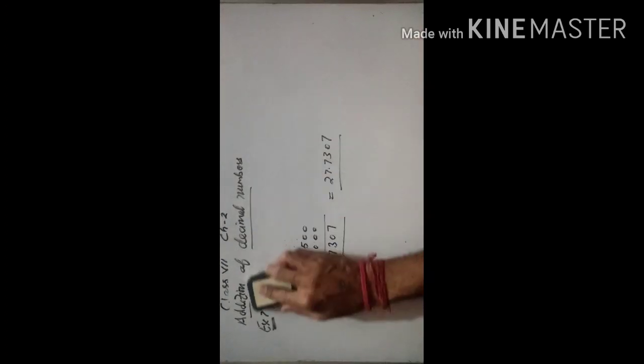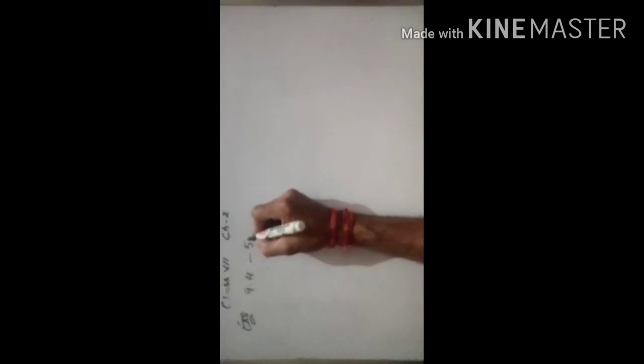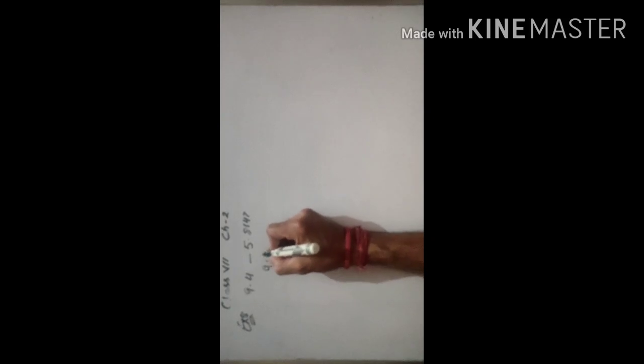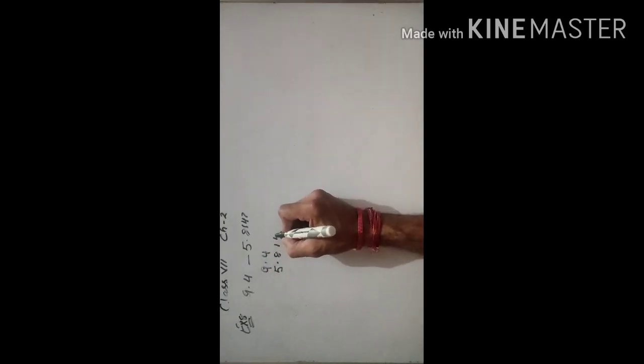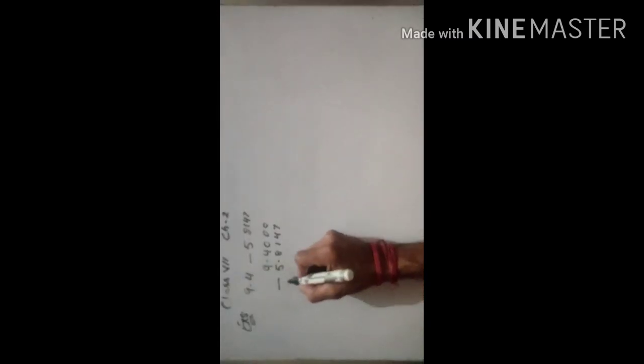Now subtraction of decimals; in the same way we have to subtract. Evaluate 9.4 minus 5.8147. So 9.4 and 5.8147; make them like decimals by putting 0, and subtract.